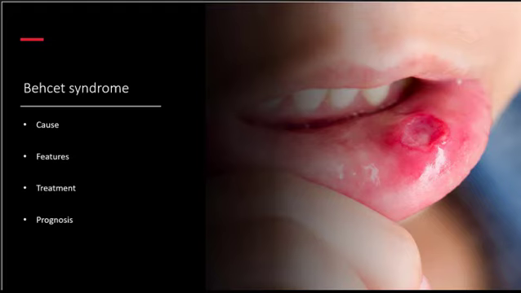The treatment for this would be systemic and topical steroids. It is a lifelong disorder, and they do go into remissions and exacerbations. There sometimes is CNS involvement, and that may include paralysis and dementia. When the CNS is involved, that generally has a poorer prognosis.